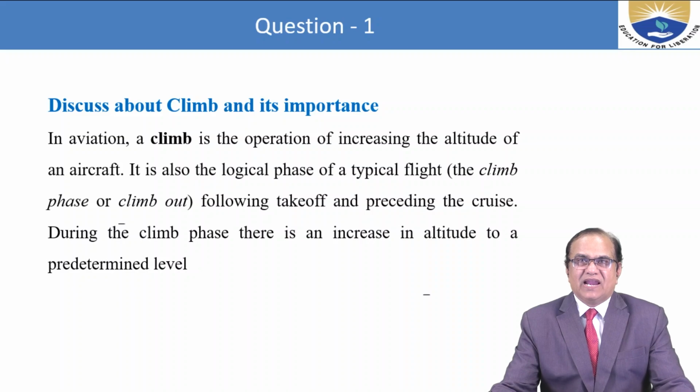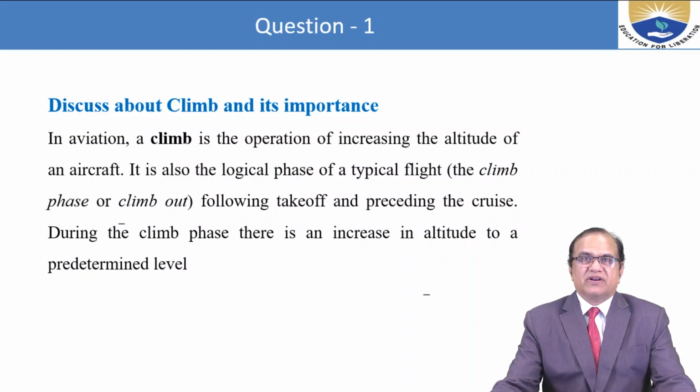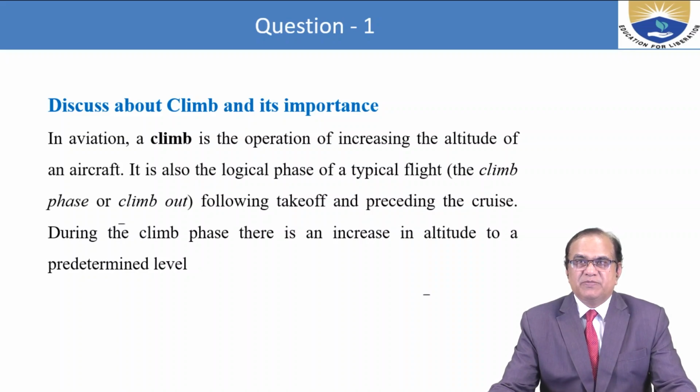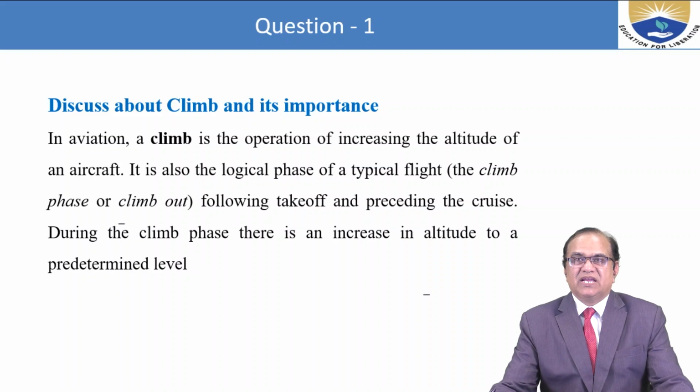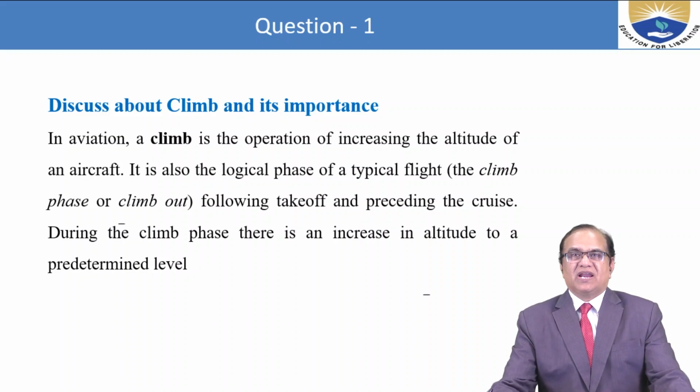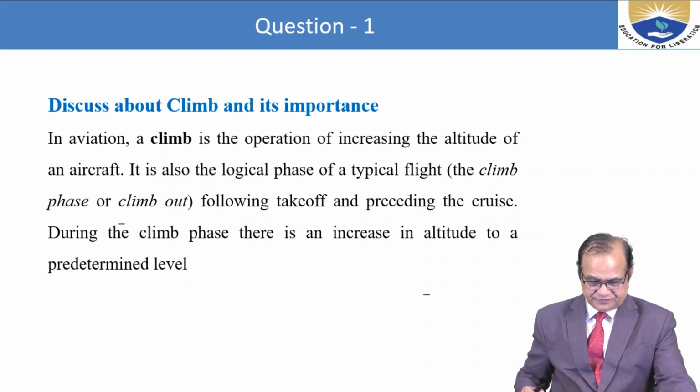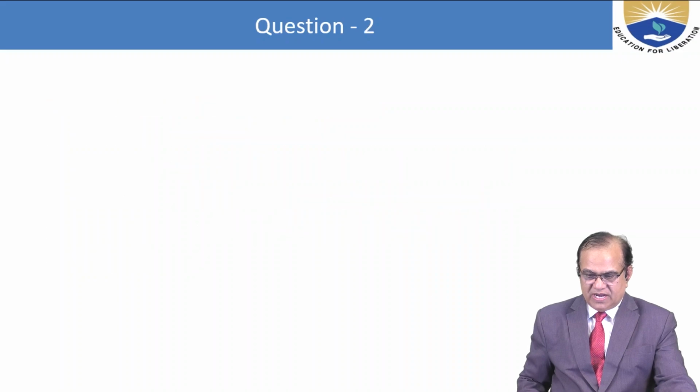In aviation, a climb is the operation of increasing the altitude of an aircraft. It is also the logical phase of a typical flight, the climb phase or the climb out, following takeoff and preceding the cruise. During the climb phase, there is an increase in altitude to the predetermined level.